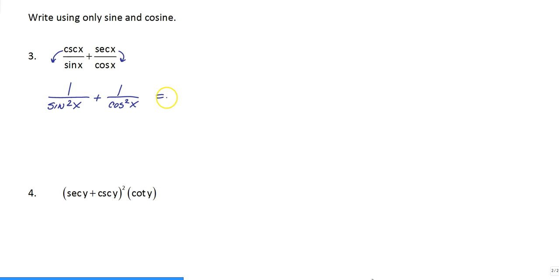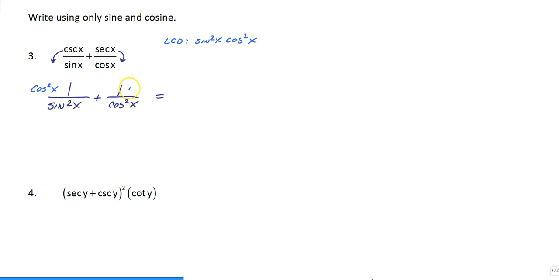Next step, you have to remember how to add fractions. When you add fractions, you must have a common denominator. So the common denominator, or your least common denominator for this, is sine squared x cosine squared x. So this side's got the sine squared x, so this side needs the cosine squared x.